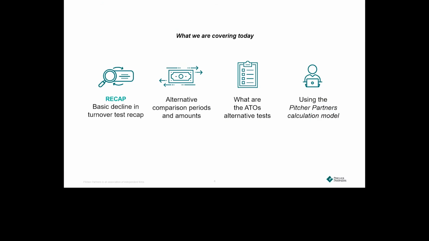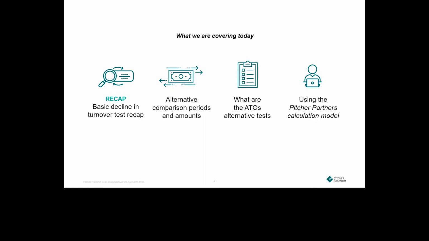So what are we covering today? We're going to do a brief recap of the basic decline in turnover test, what we presented in our first webinar, and just explain what the new rules are for the two extension periods. We're going to then talk to these alternative tests. For example, if you fail the basic decline test, what you're allowed to apply as some alternative tests for the two extension periods.